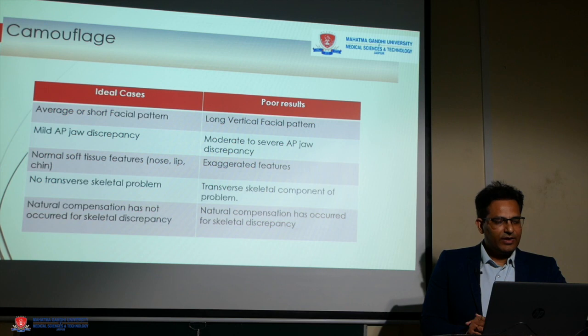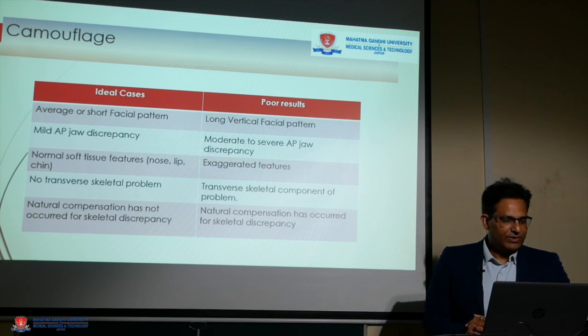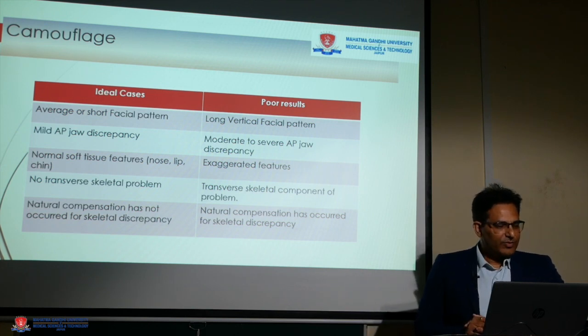Whenever we are trying to camouflage a skeletal situation, there are certain situations in which camouflage is a better way of doing it, and others in which it will produce poor results. Average or short facial patterns, mild anteroposterior jaw discrepancies, normal soft tissue features of nose, lip and chin, no transverse skeletal problems, and natural compensation not having occurred for the skeletal discrepancy are situations in which camouflage will produce good results.